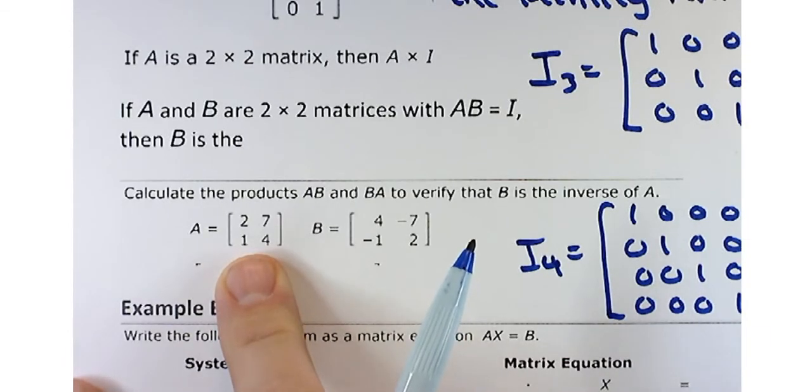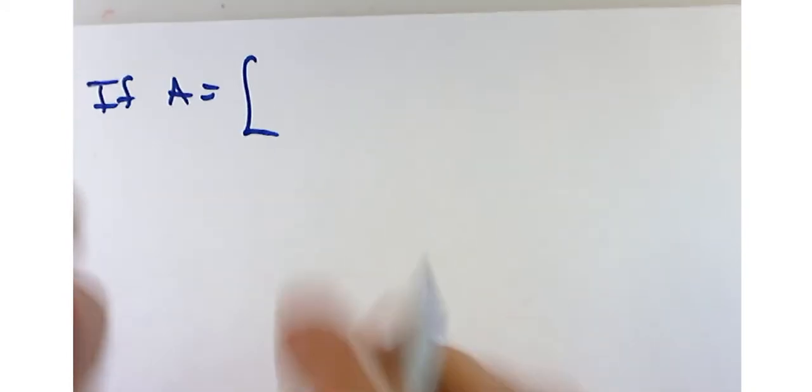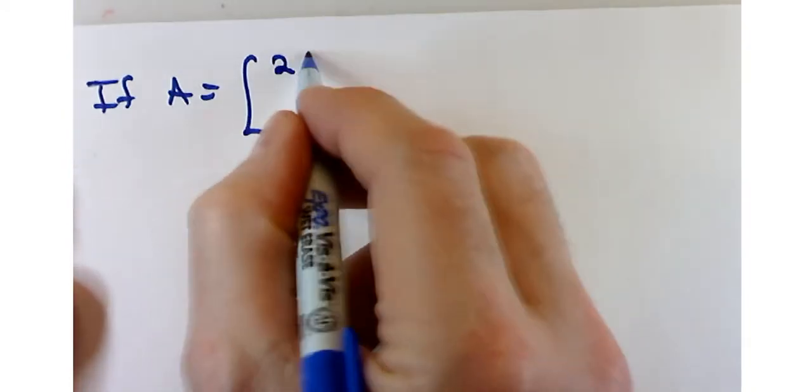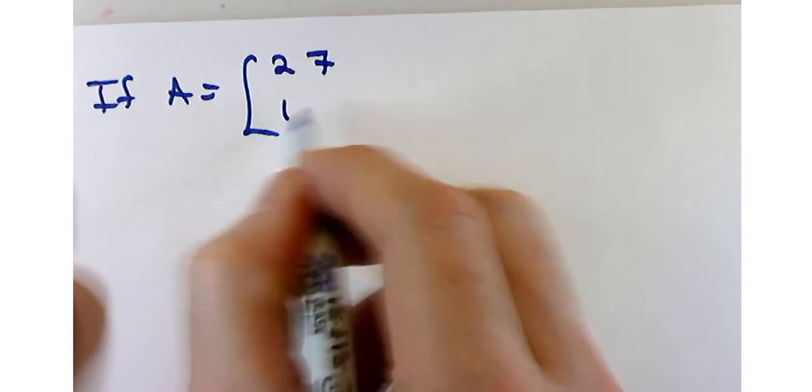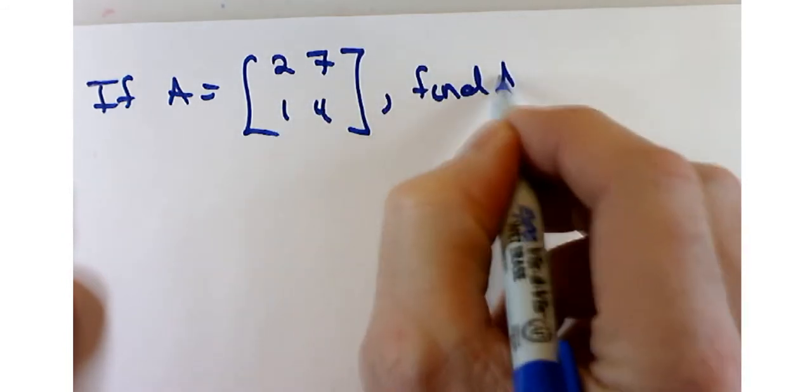Here's how this is going to work. We're going to start off with that matrix, and then we're going to expand it. So if A equals this matrix, 2, 7, 1, and 4, find A inverse.